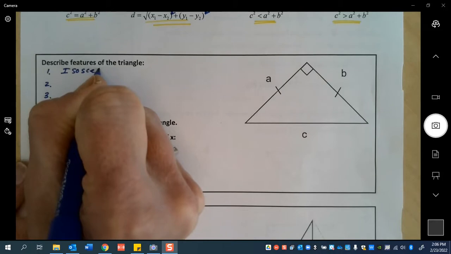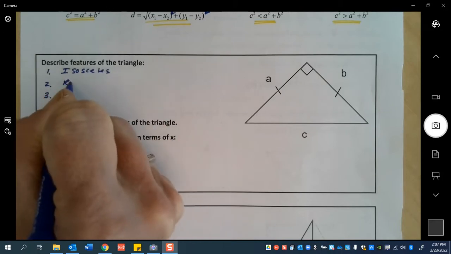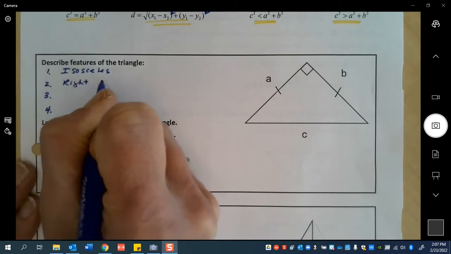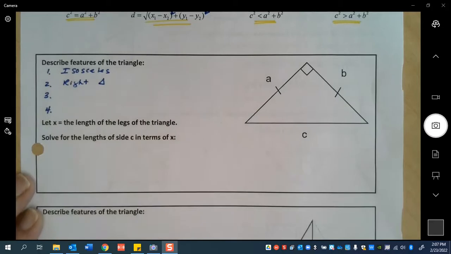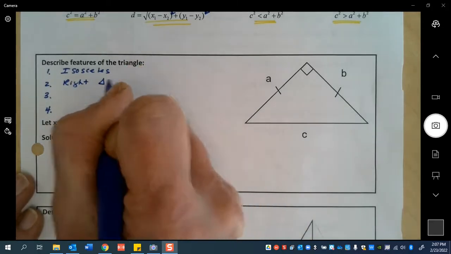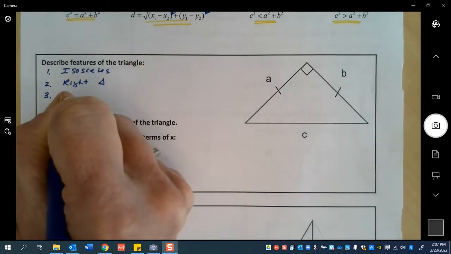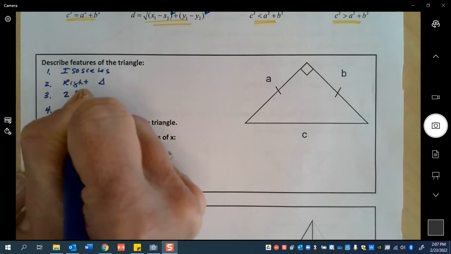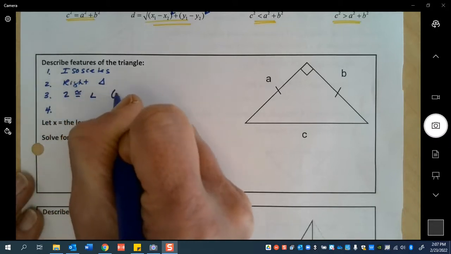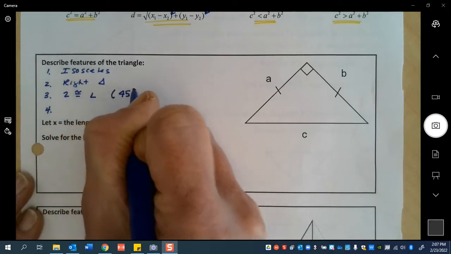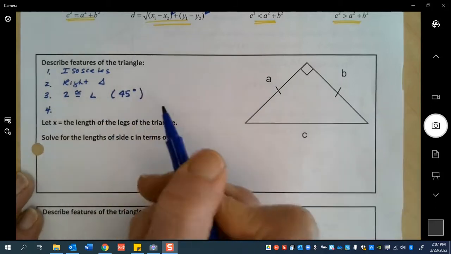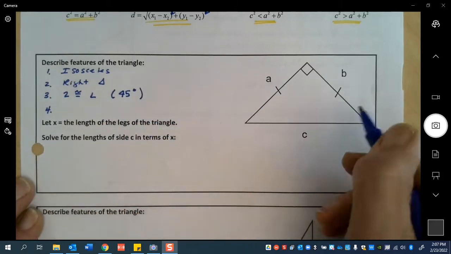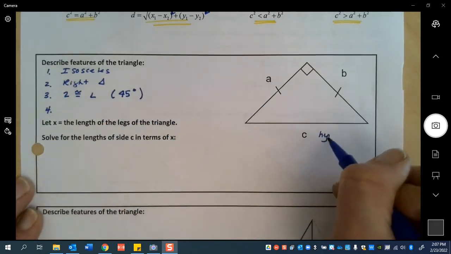It has 2 45-degree angles, opposite the right angle. These are each 45.